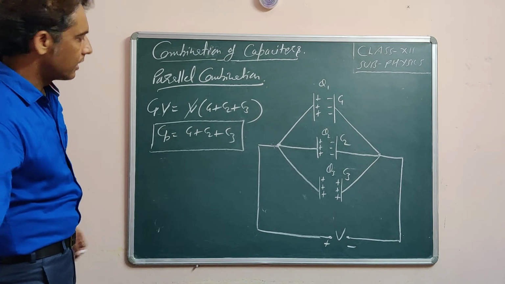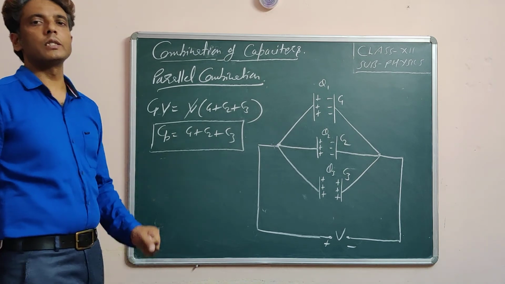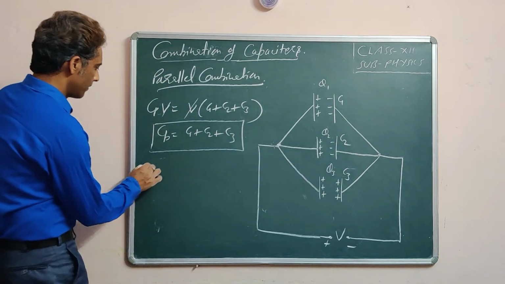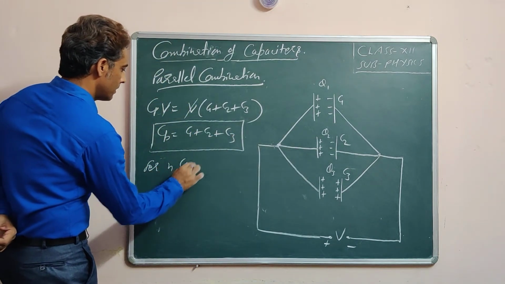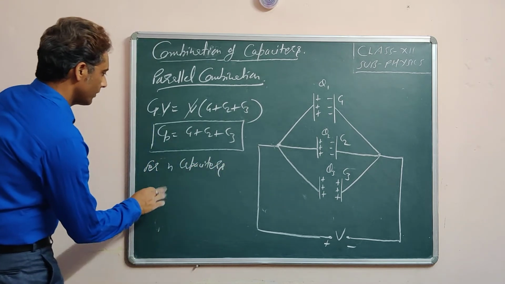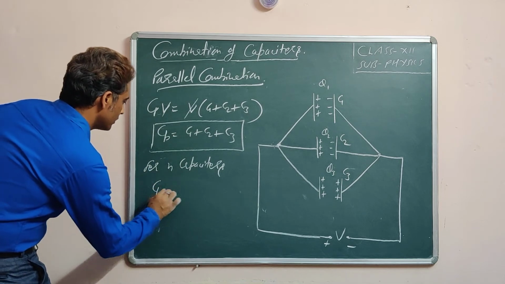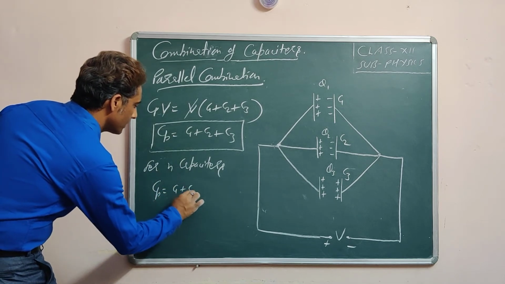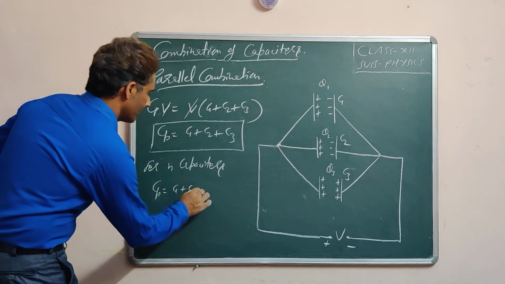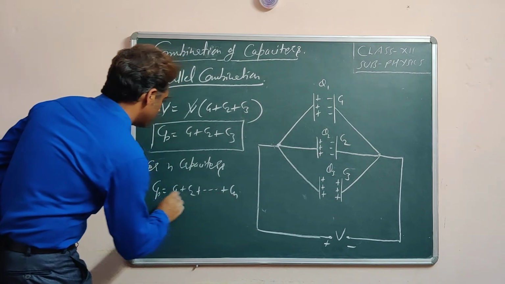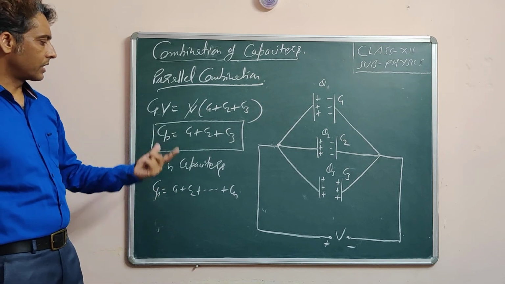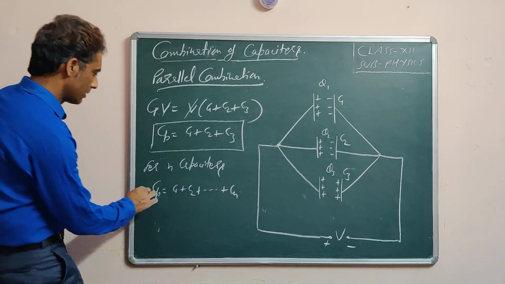If there are n capacitors of capacitance C1, C2, so on up to Cn, then for n capacitors the net capacitance in parallel is equal to C1 plus C2 plus so on up to Cn, where C1, C2 and Cn are capacitance of individual capacitors.